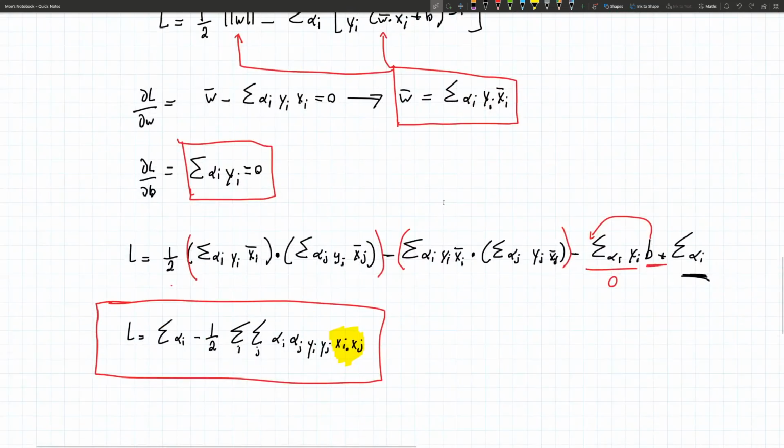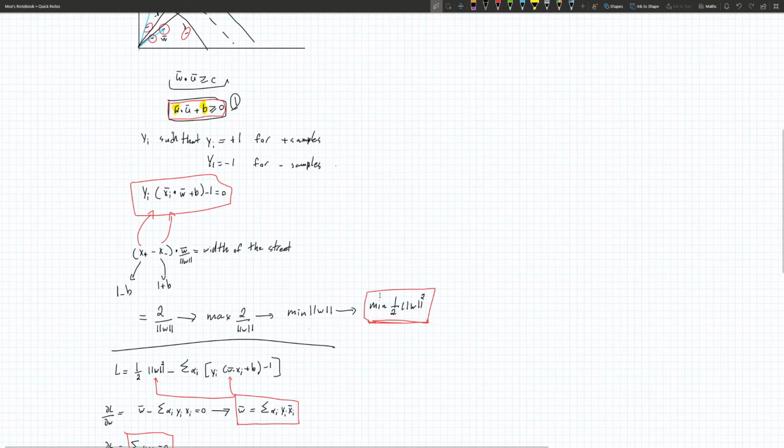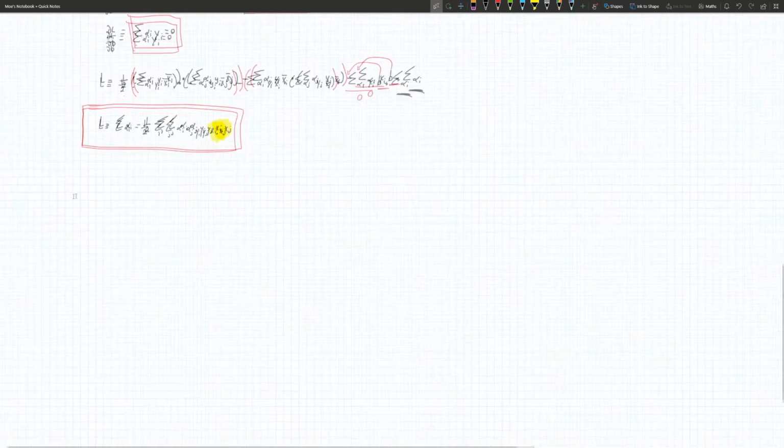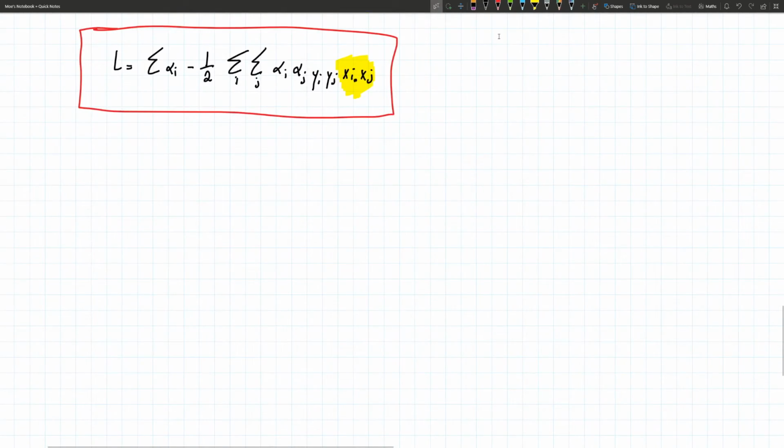When we apply it, we get the sum of alpha i, y of i, x of i, dotted with u, which is the unknown, plus b, greater than or equal to 0, then we know it's positive.